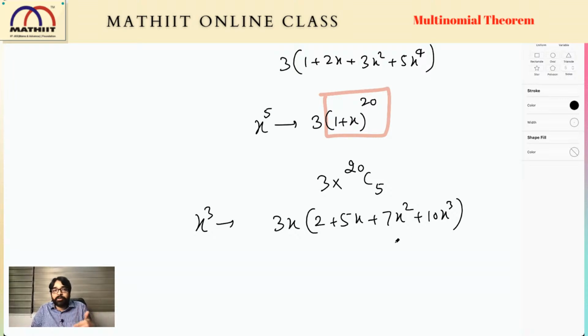But I am trying to say do it another way. I want x cube, 1x is already there, so this should give you x square. I want x square from here because x is already there. The x square coefficient is 7. So the x cube coefficient will be 7 into 3, 21.